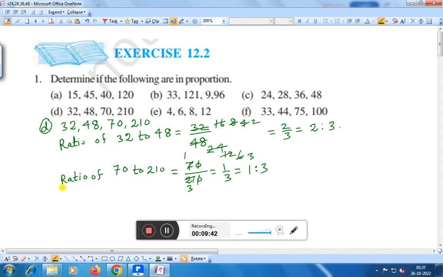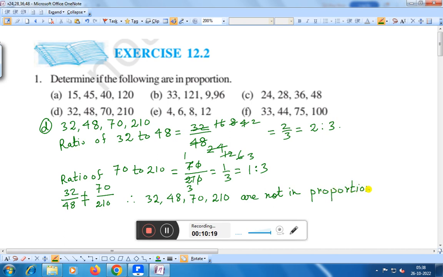Therefore 32 by 48 is not equal to 70 by 210. Therefore 32, 48, 70, 210 are not in proportion. This is the solution of question number D. Now we'll discuss question number E.